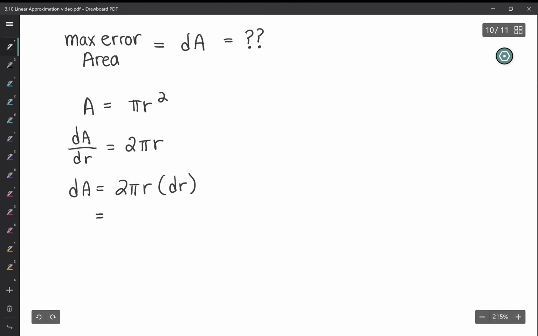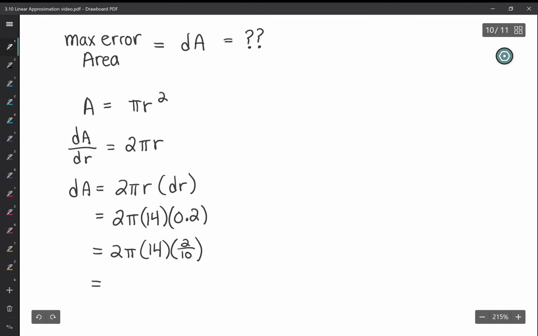For this problem, we know that 2 pi r will be 2 pi times 14, and they gave us that dr, that difference for the area, is a maximum of 0.2. So this is 2 pi times 14 times 2/10.